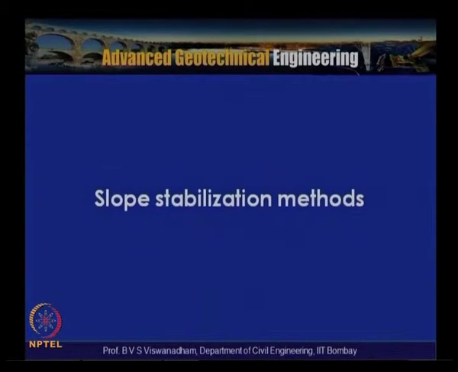In the previous lecture, we discussed different slope stabilization techniques, and in continuation of that discussion, we will try to discuss how lime piles or lime slurry injection can be helpful in enhancing the stability of a slope. This is a type of chemical hardening which we mentioned in the previous lecture.